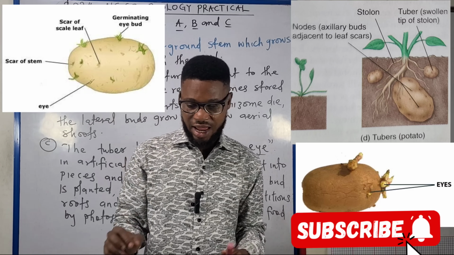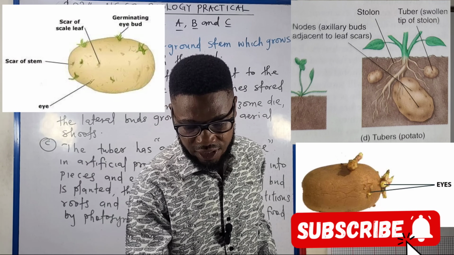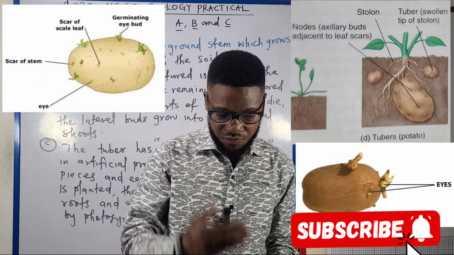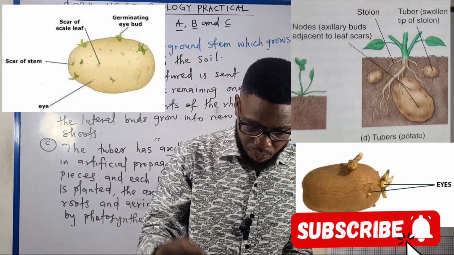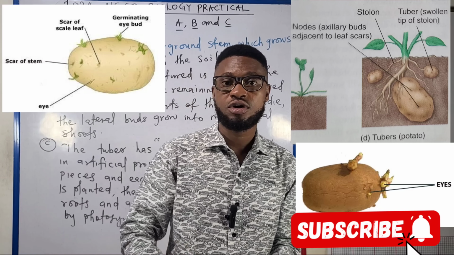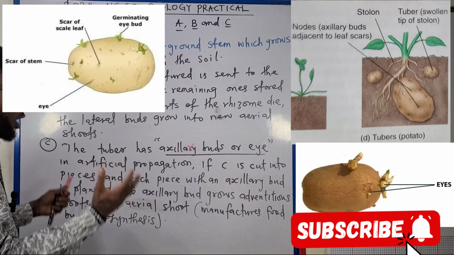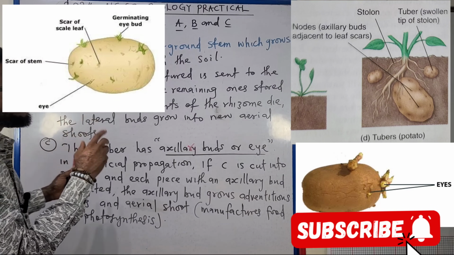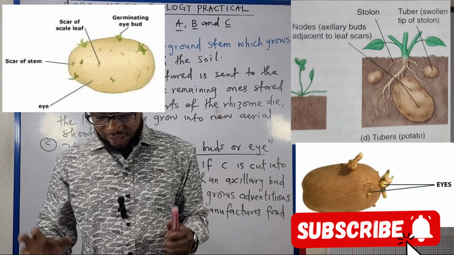You're going to see the axillary bud, otherwise known as the eye of specimen C. If we cut that specimen into pieces, it is the axillary bud that is going to grow into a new aerial shoot so that it can manufacture food needed for the growth of the tuber. So those are the biological interests of specimen A, B, and C, and that just about ends question 7.